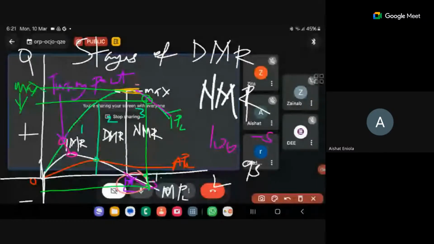So TP has fallen below the maximum point it was before. This is the maximum point of TP before. Now that I have brought in this new worker, TP has fallen below that maximum point, and MP has fallen below zero and is now negative. Do you guys understand? Hello. Yes, sir.